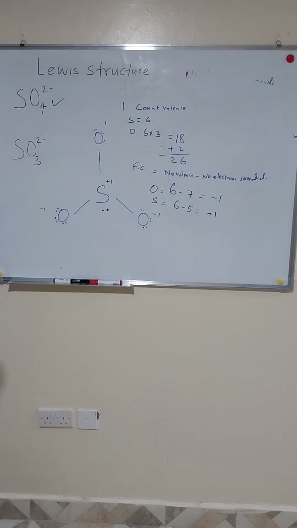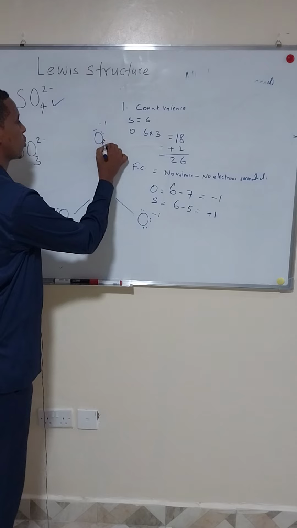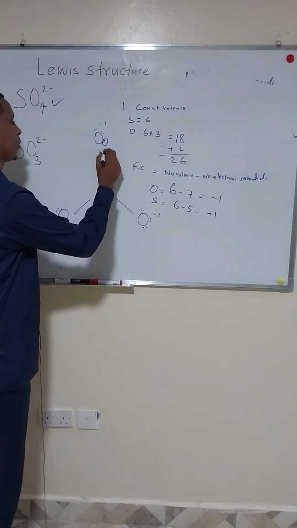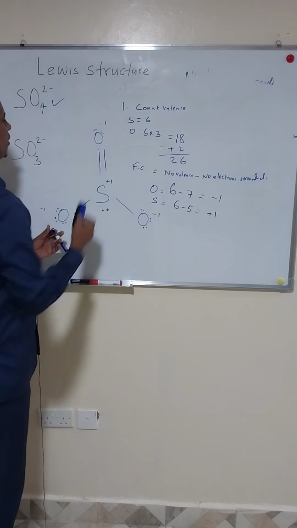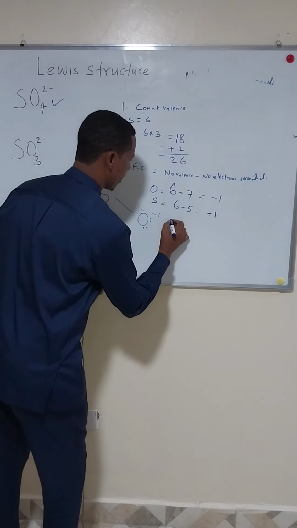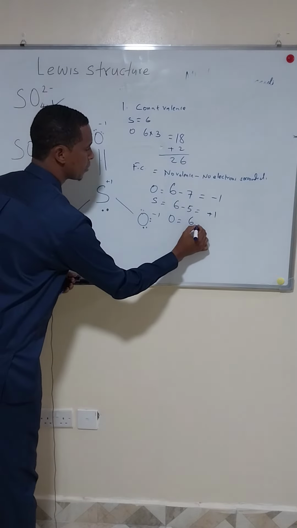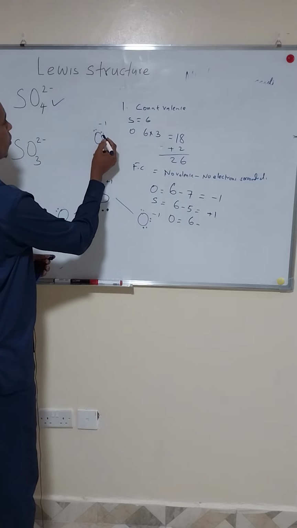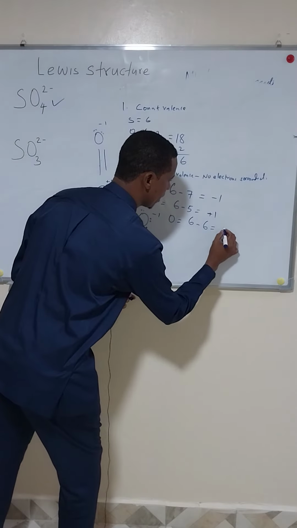So you continue again and minimize the formal charge of sulfur. To minimize that, we take these 2 electrons and bond it here. So now the formal charge of oxygen will be 6 minus 6, which is 0.